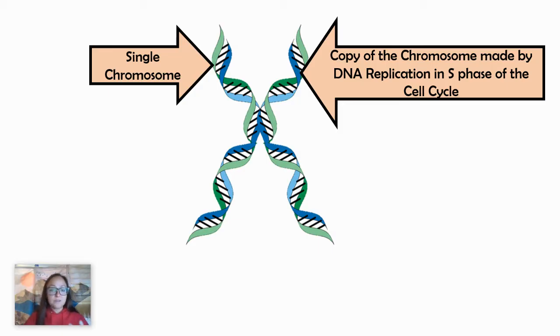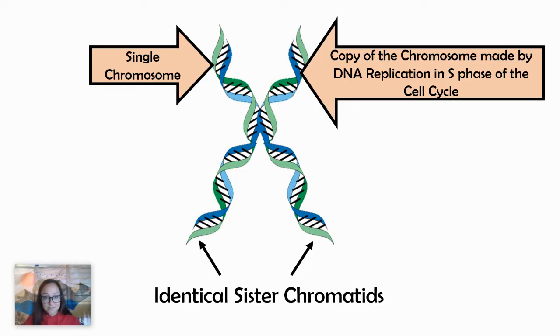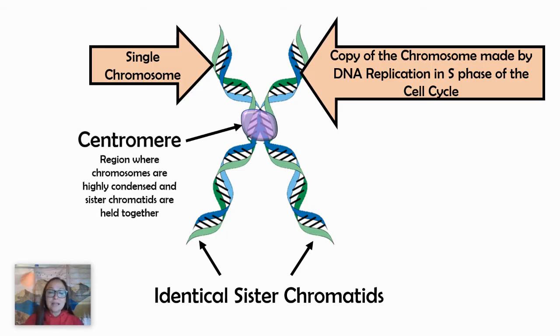So a duplicated chromosome is made out of 2 sister chromatids. So if I use my hands, for example, this is a sister chromatid and this is a sister chromatid, and they are held together at a region called the centromere. The centromere is where the sister chromatids are highly condensed and attached.